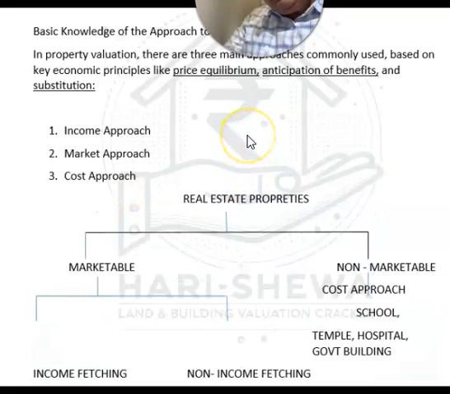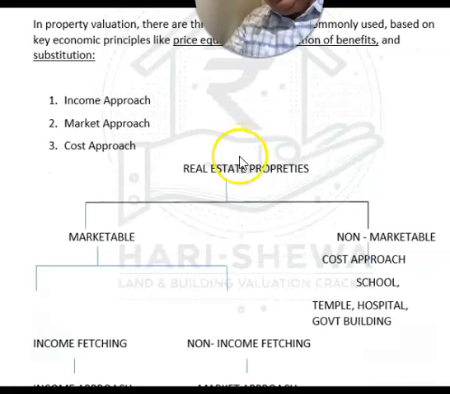In real estate, property can be divided into 2 parts, marketable property and non-marketable property.